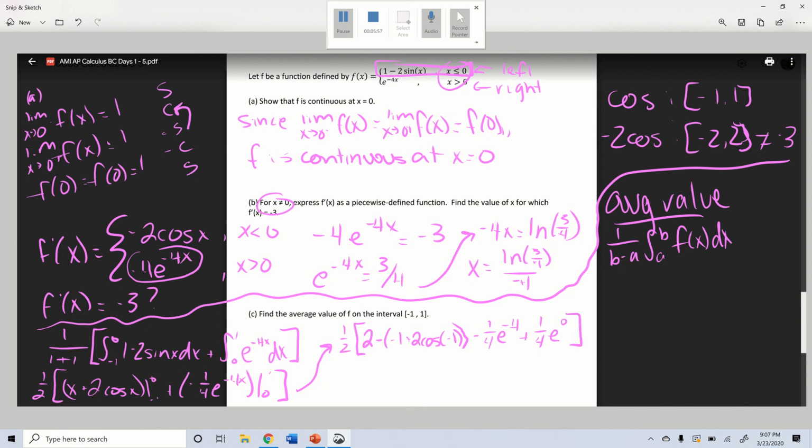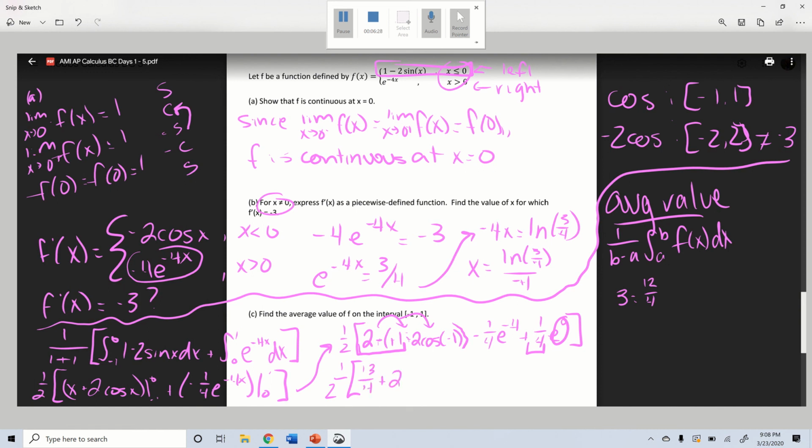So then we've got some simplification to do. This negative will distribute in, so that's going to make this positive and that negative. So we end up with 2 plus 1 is 3, and then e to the 0 is 1, so that's going to mean we have plus 1/4. So 3 is the same thing as 12/4. So we have 12/4 plus 1/4, so that's going to give us 13/4.